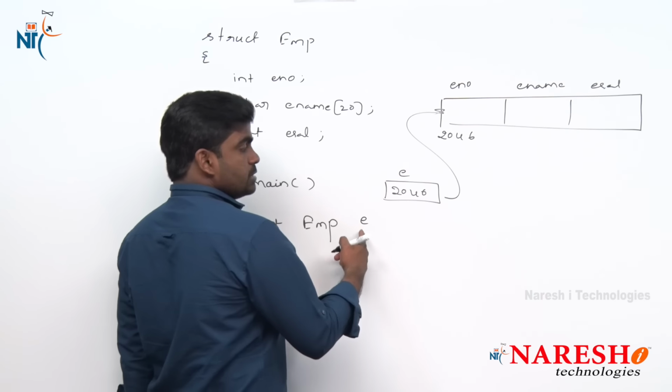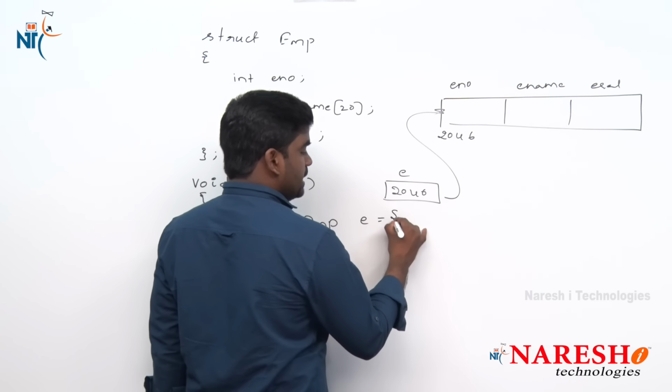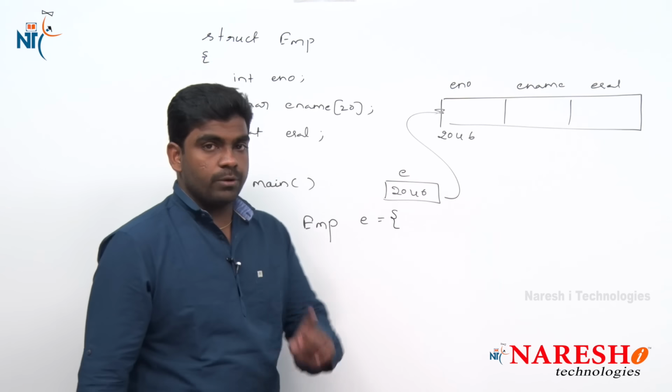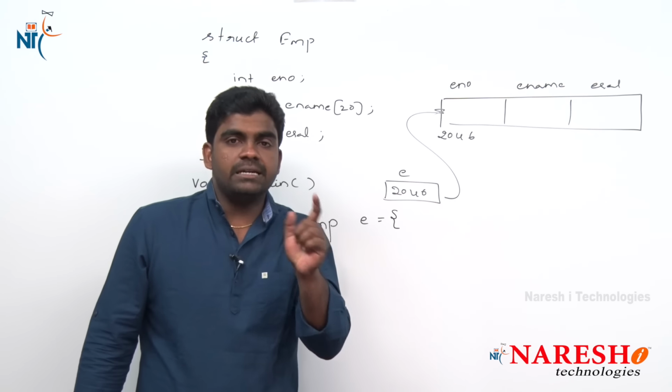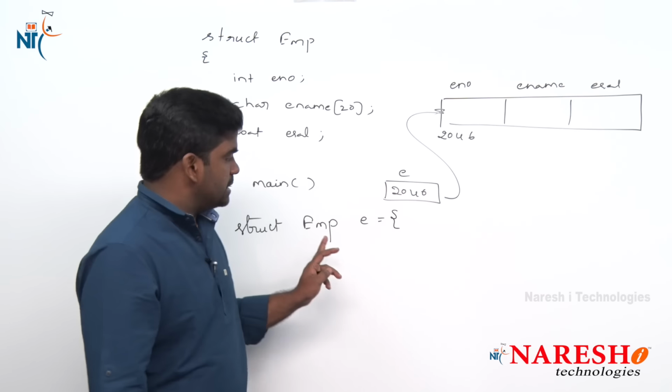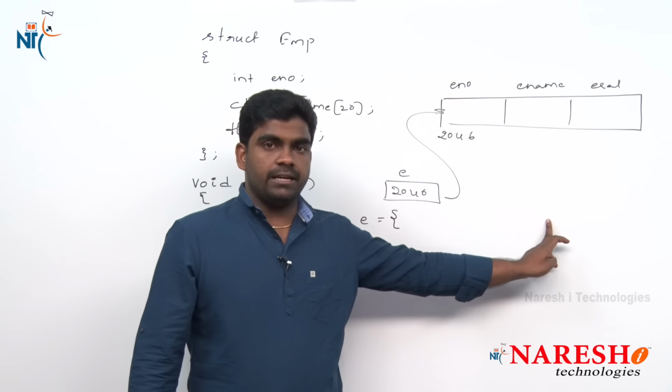Now in the process of declaration we can initialize directly, but remember one thing: in whichever order you define the elements in the structure, in the same order we should assign the values.